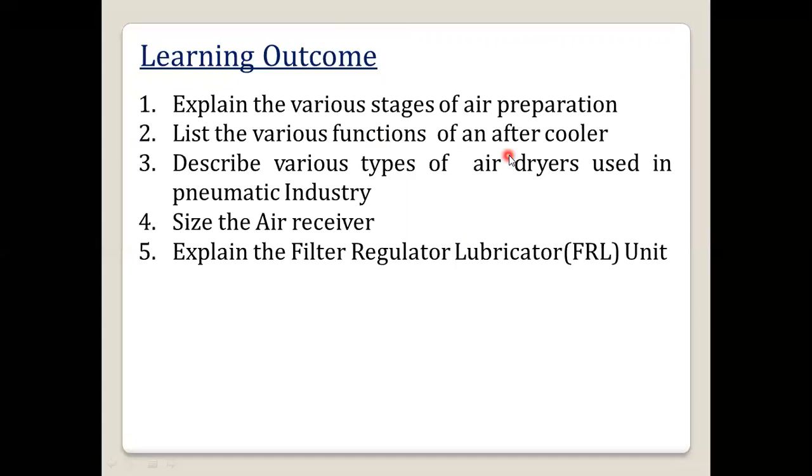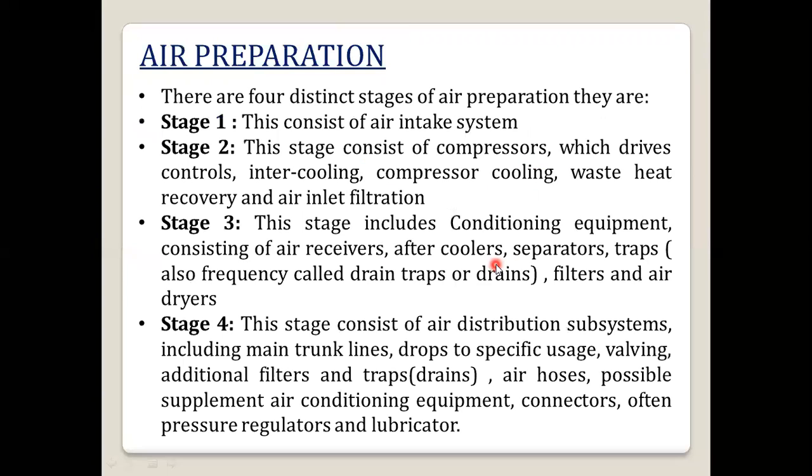Then list the various functions of after cooler, then describe the various types of air dryers used in pneumatic industry, then size the air receiver, explain the FRL unit, that is filter, regulator, and lubricator.